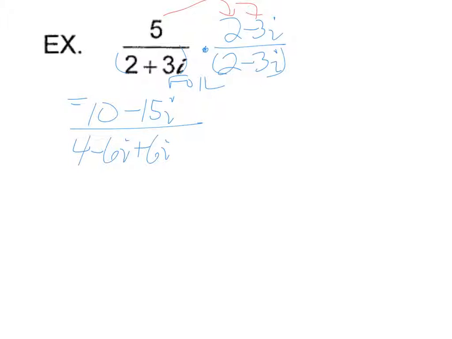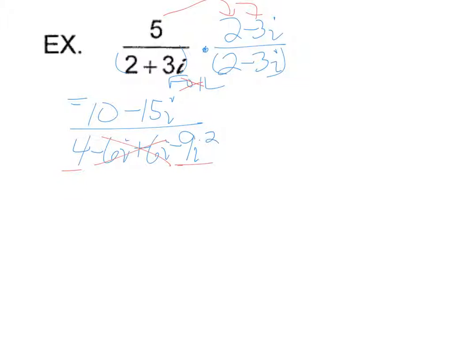It's positive 3 times -3 is -9, and i times i is i squared. The 6i's will cancel. Now, this always happens with conjugates, that the outside and the inside always cancel. So you can take a shortcut and skip those if you can remember that, and just do first and last.